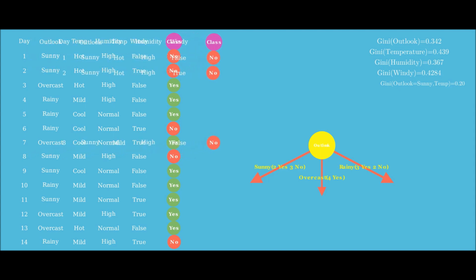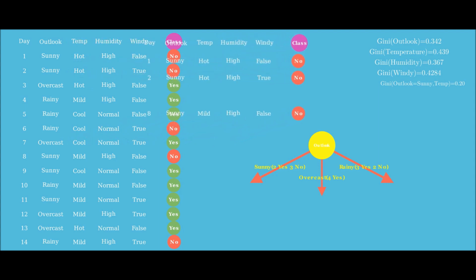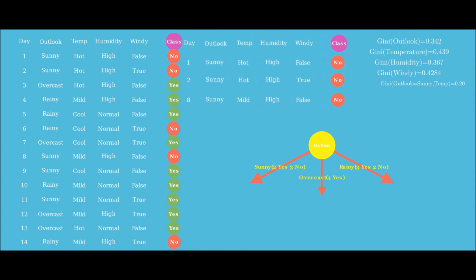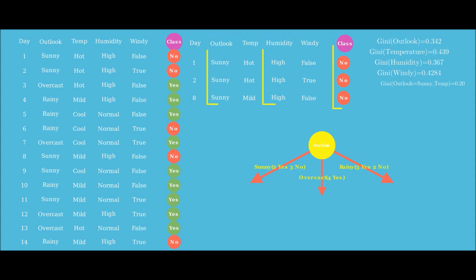In this case 3 instances are no's, all classes are of no. So you will see that the Gini index will come 0 because 1 minus (3 upon 3) whole square, that would be equal to 1 minus 1, that would be equal to 0.